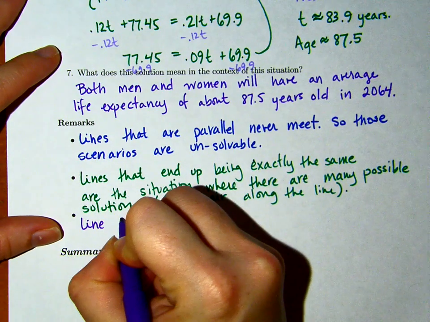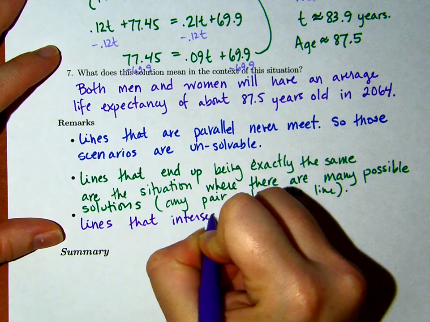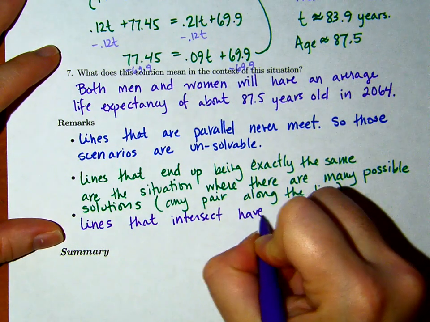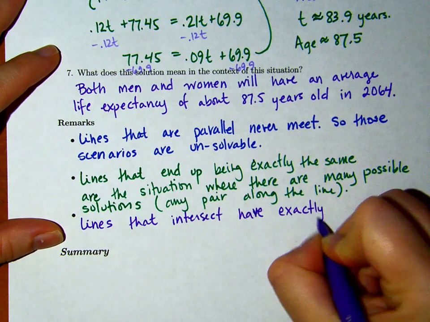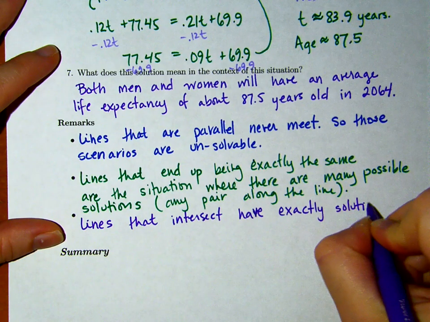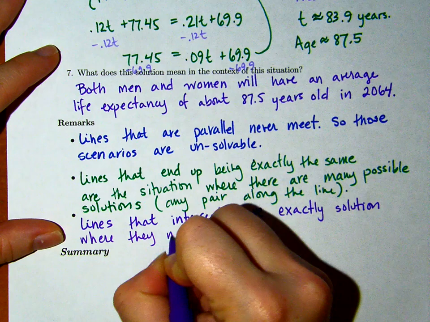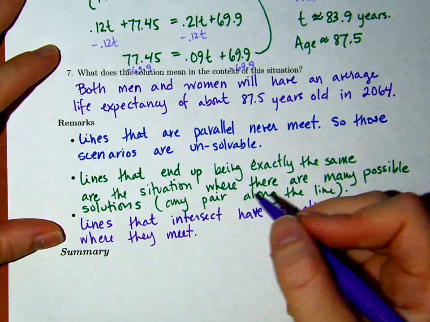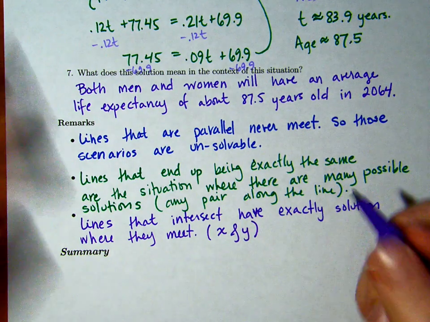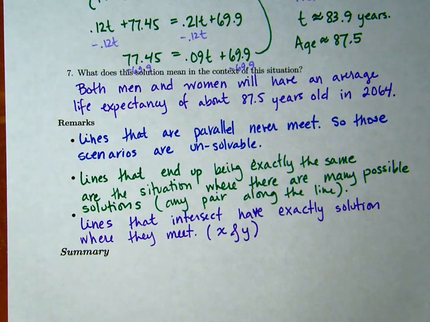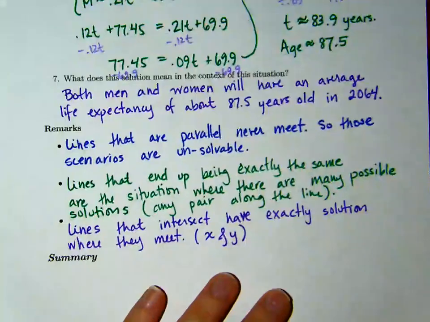So lines that intersect have exactly one solution where they meet, but remembering that you have to have both values in order to consider your system. The year and the age, yes?